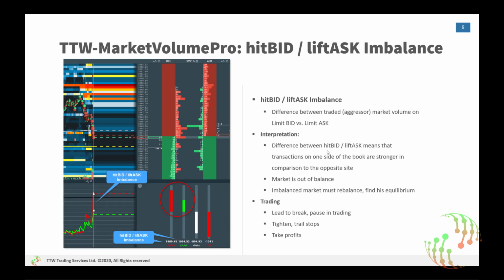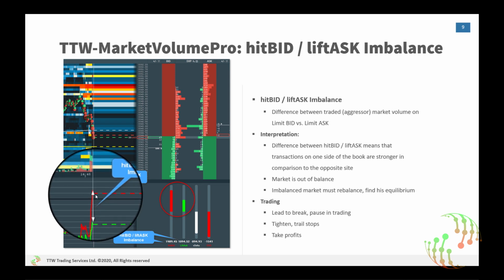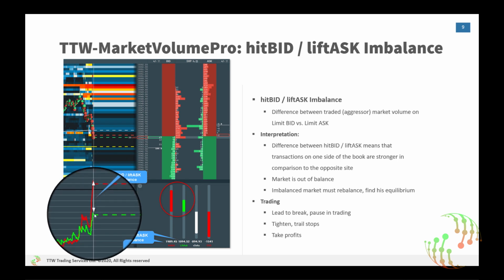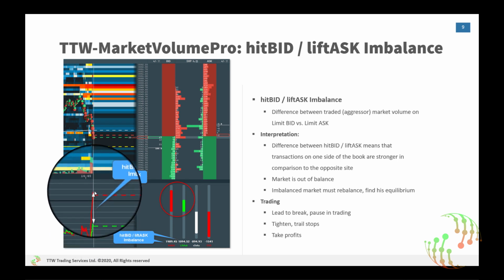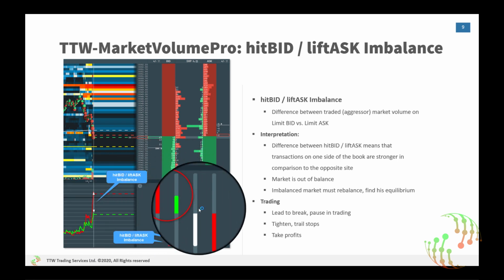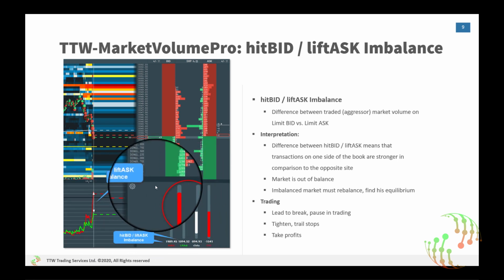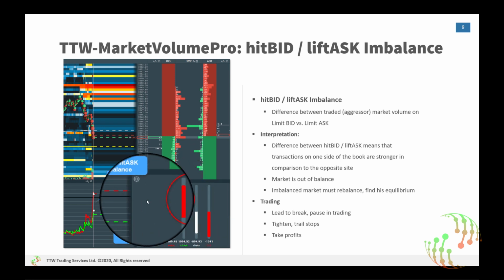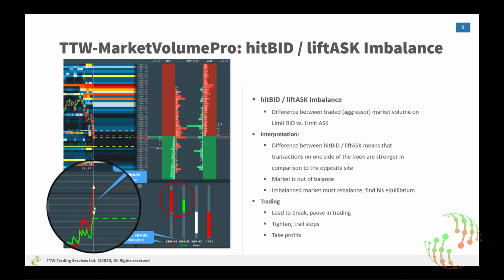the difference between bid and ask means that transactions on one side of the book are stronger in comparison to the opposite side. That means the market is out of balance. You can also see it visually in the Widgets section of Bookmap. That means an imbalanced market must rebalance.